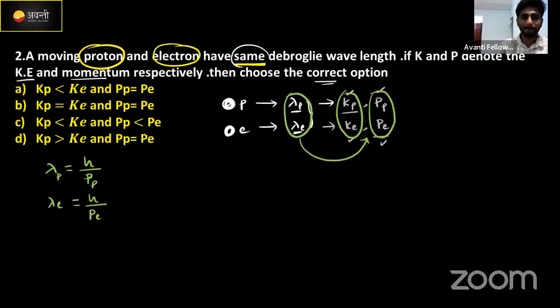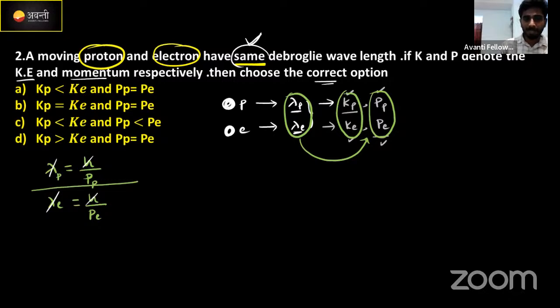We need to write the relation between them; first we will take momentum. For the relation of momentum, take a ratio of these two. Lambda is the same, so these two get cancelled, and h also gets cancelled.